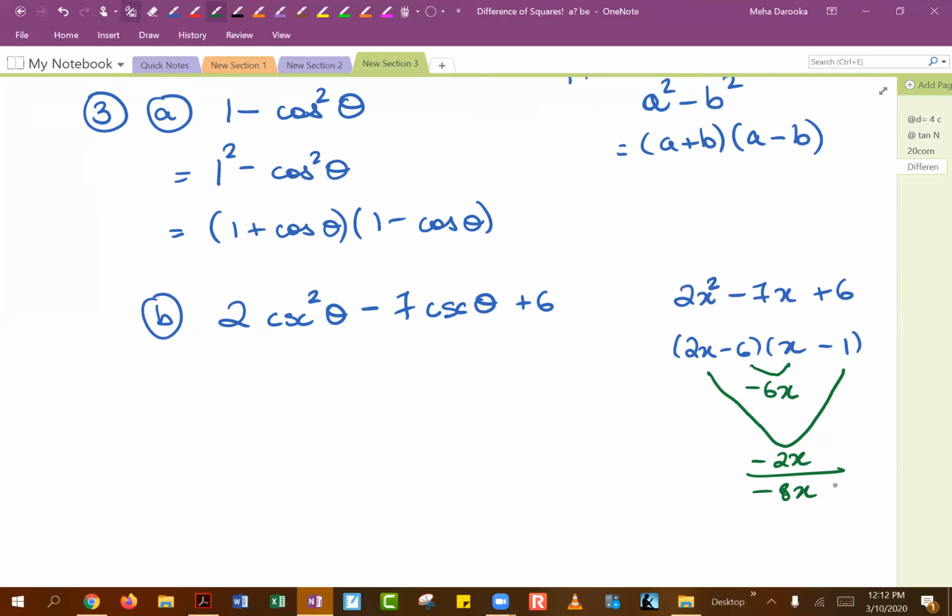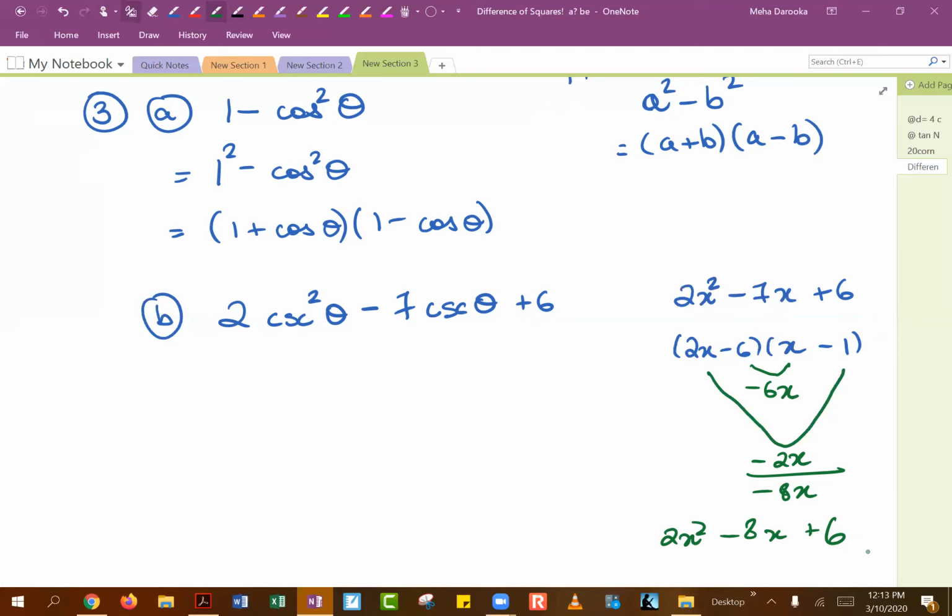Where would you make a change? Are you talking about bringing the 2 outside? Yeah, bringing the 2. Okay, it still wouldn't change, because even if you went back and did the FOIL, you're still going to come up with the same result. One second, Sydney. No matter what order you do it in, you're still going to end up with that negative 8x in the middle. Okay, go ahead, Sydney.